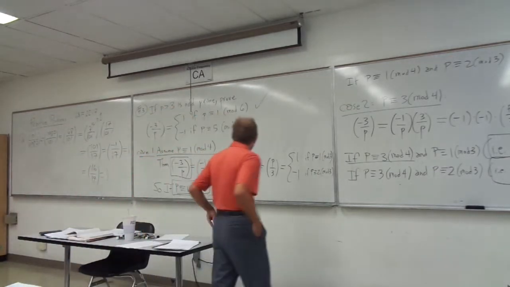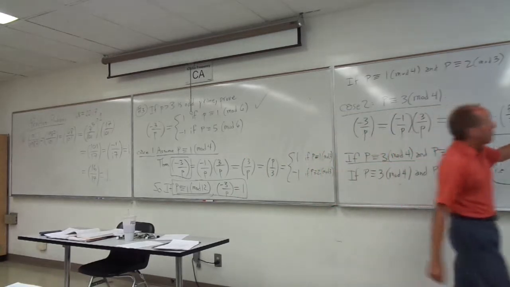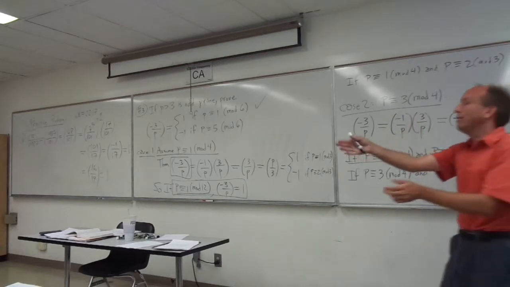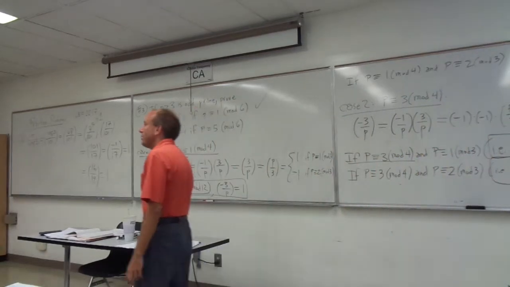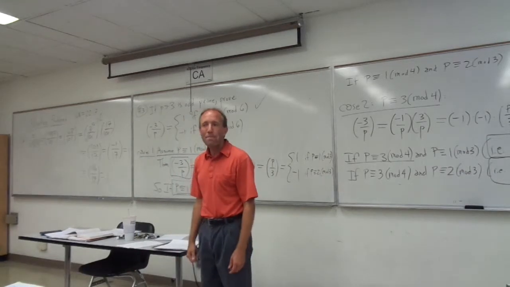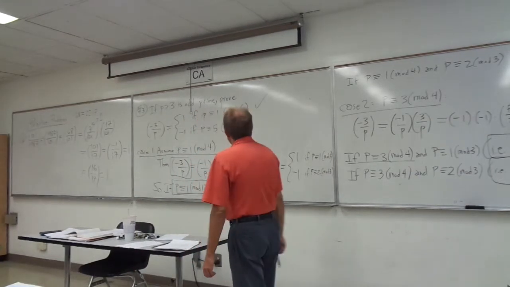Right? And then what about the other 2 cases? The 2 cases where we have a -1, P is either congruent to 5 or 11. So put that together. If I'm congruent to 5 or 11 in mod 12, doesn't that just mean that I'm congruent to 5 in mod 6? It's equivalent to that. It's a single answer.